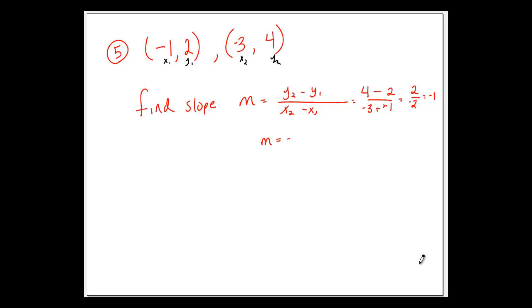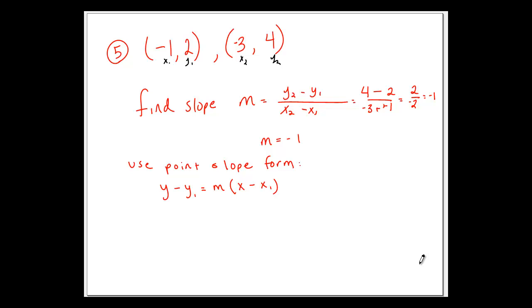Slope equals negative 1. Now, again, since neither of our points is the y-intercept, we can't go straight to slope-intercept form, so we're going to have to use the point-slope form, which is y minus y1 equals m times (x minus x1).